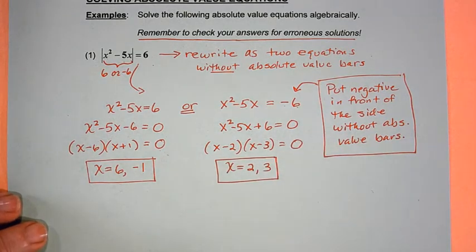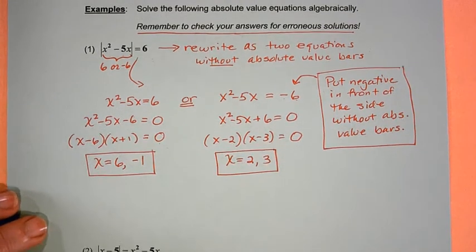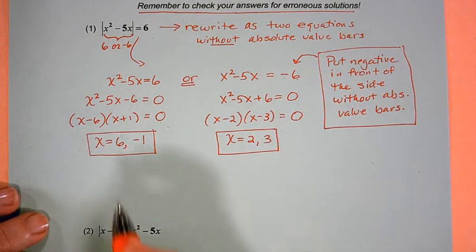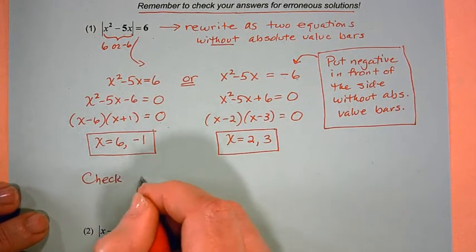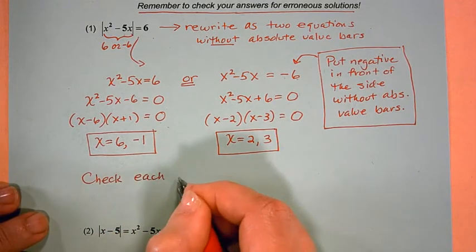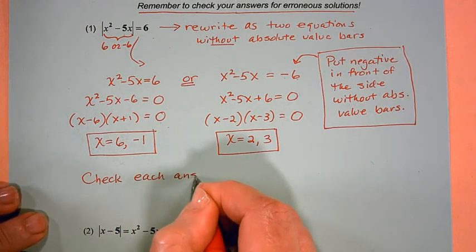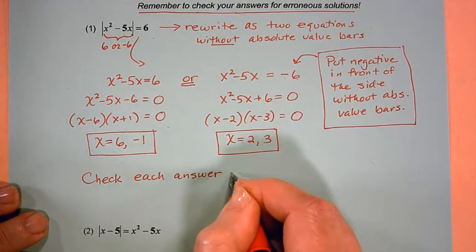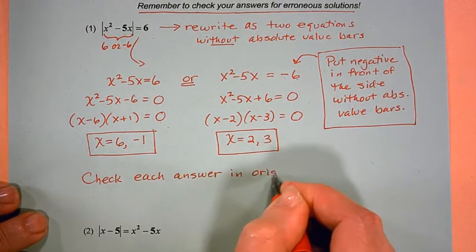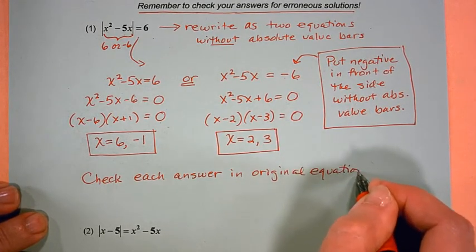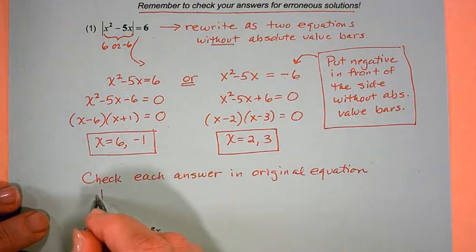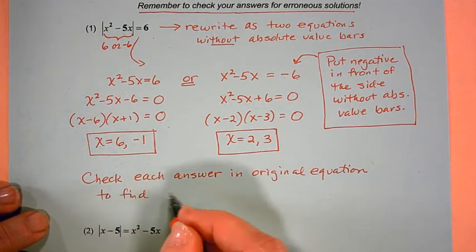So I have actually 4 values of x that will make the equation true. But what you have to make sure to do is to check each answer in the original equation to find any false solutions.